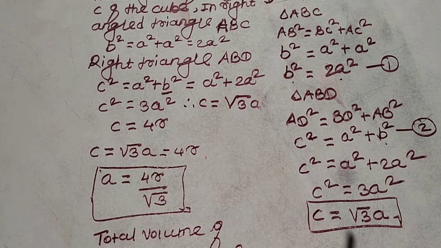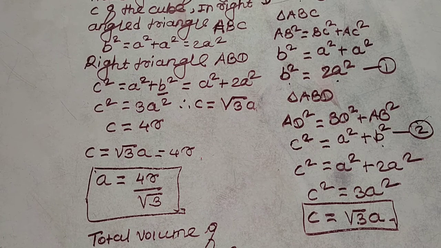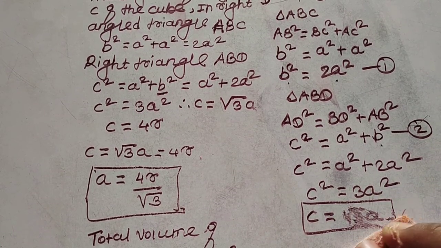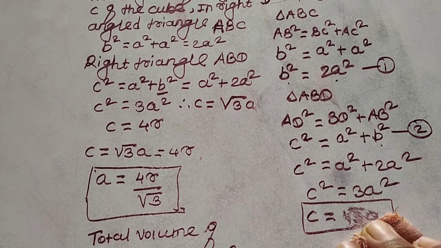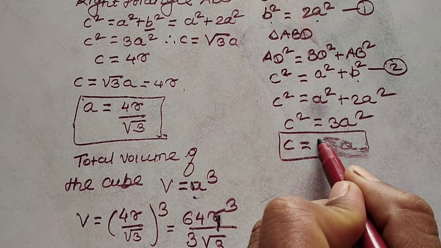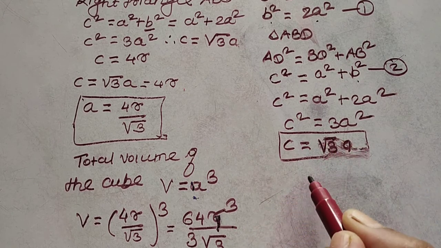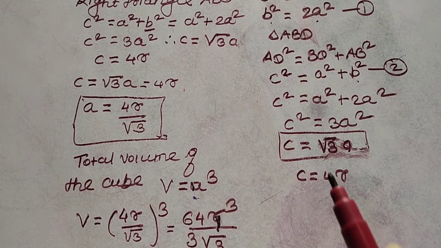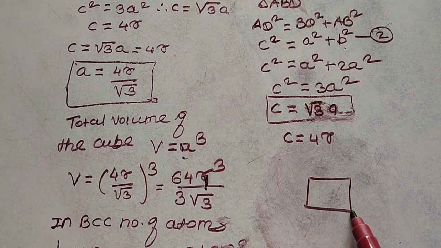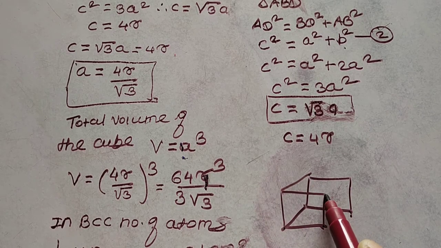You can see here, you have got one value for C as root 3a and another value for C as 4r. How did we get both these values?